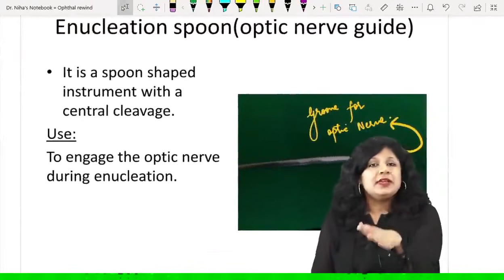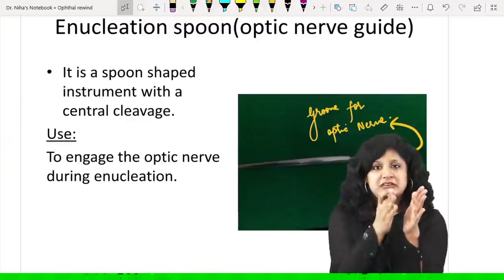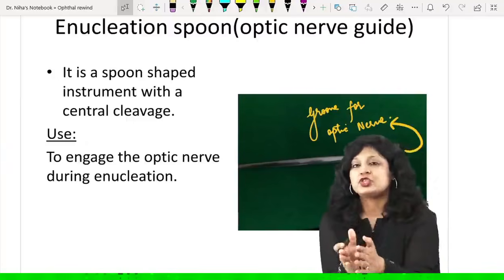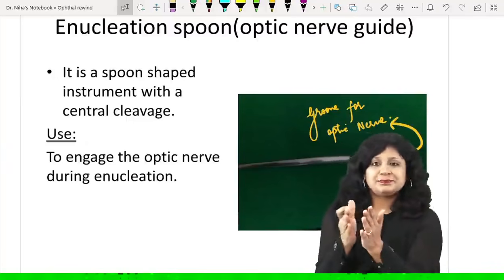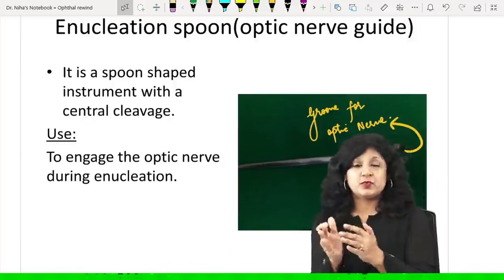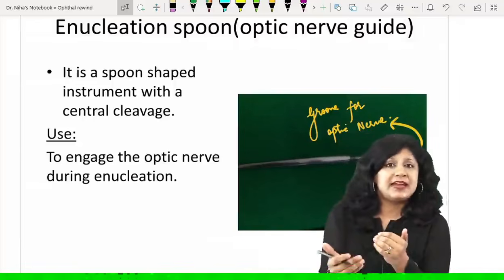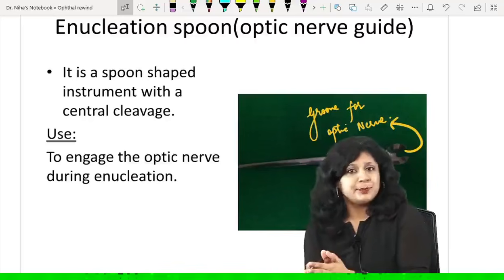When you are doing the enucleation, first of all you should know the difference between enucleation, evisceration and exenteration. And if you know its instruments, you will be very thorough about why and where we are using them, and what the concept behind it is. Now see, all three are destructive procedures.